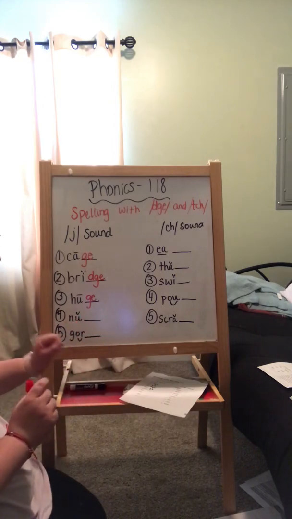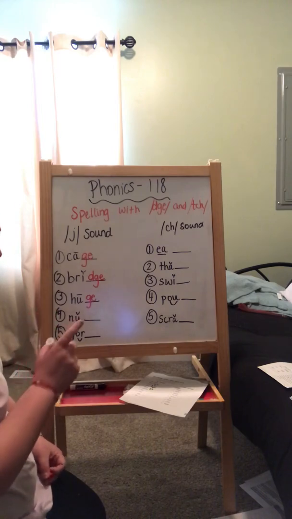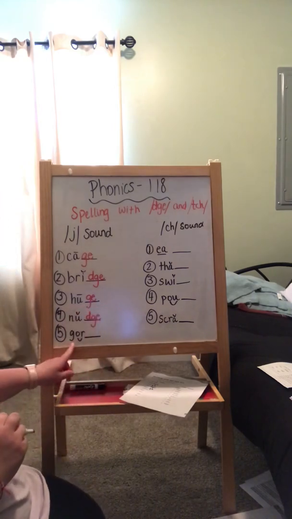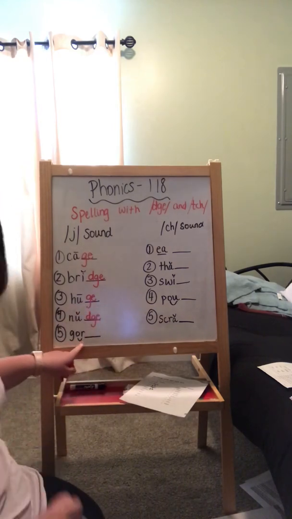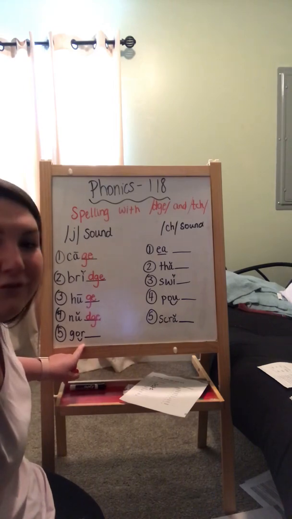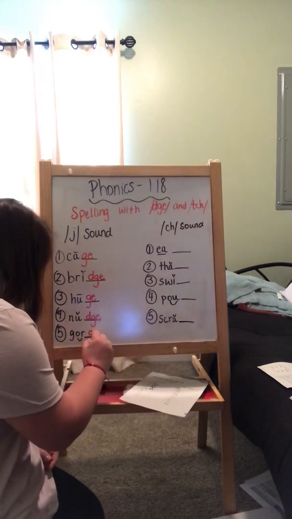Oh, I noticed that it's a short vowel, and I remember my rule, DGE after short vowel. So I'm going to add DGE. And then this one is gorge. Oh, I see a combination OR. But I only use DGE after a short vowel, so I have to add GE, gorge.